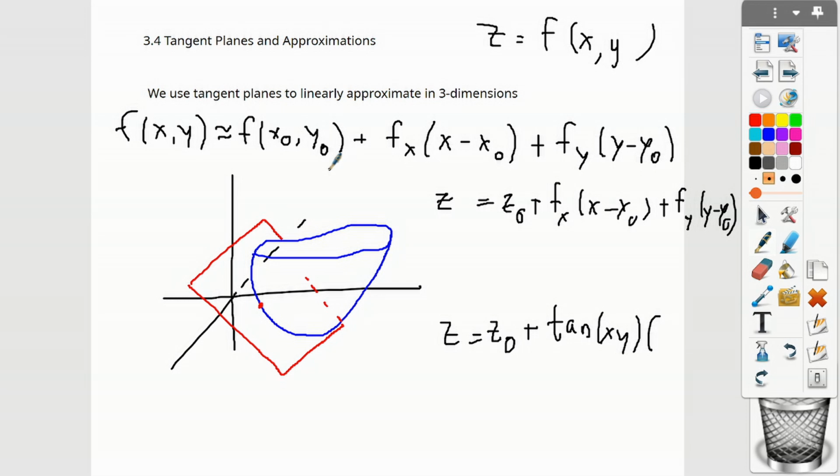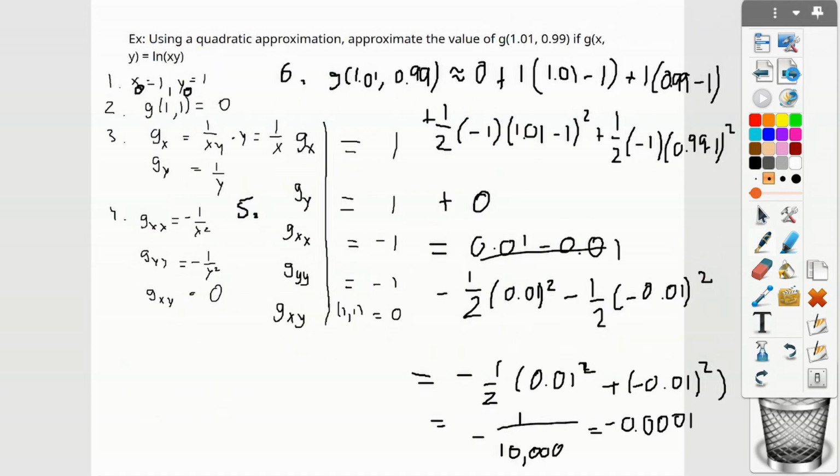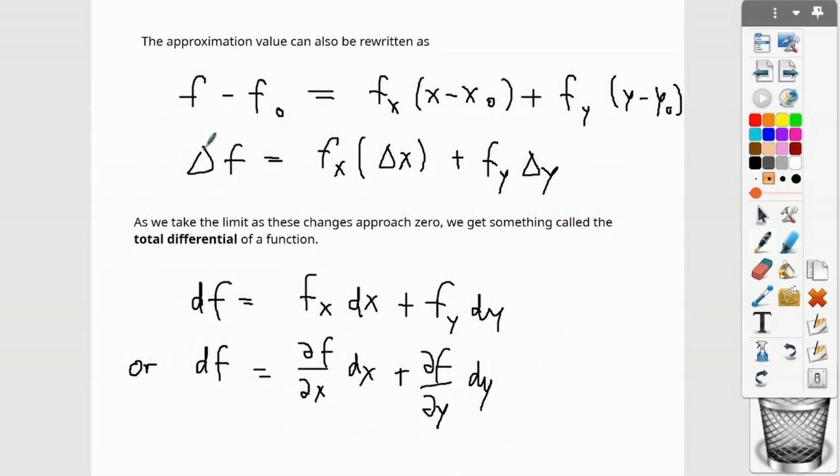So f, or z minus z0, you can also say that. So f of x, y minus f of x0, y0. So that's how you get delta f, the change in f, and then f sub x times the change in x, plus f sub y times the change in y. And I'll just add this for my OCD. So, yeah, partial derivative times the change, plus partial derivative times the change.